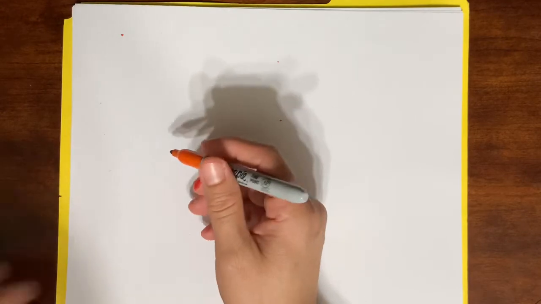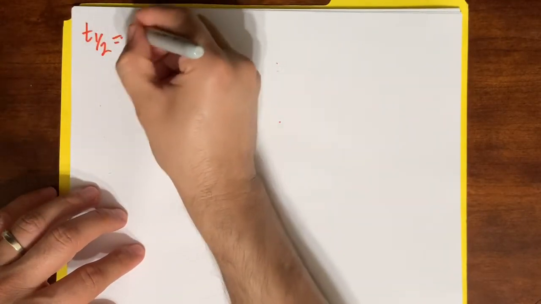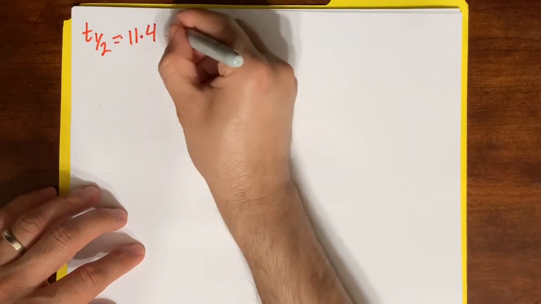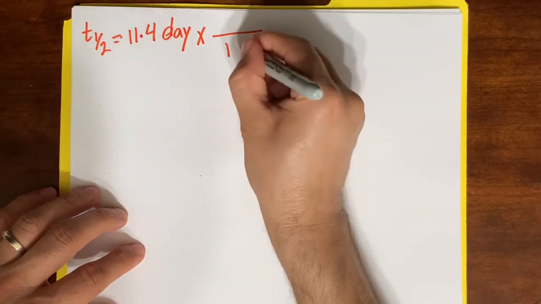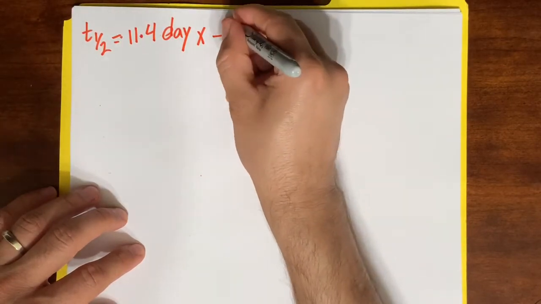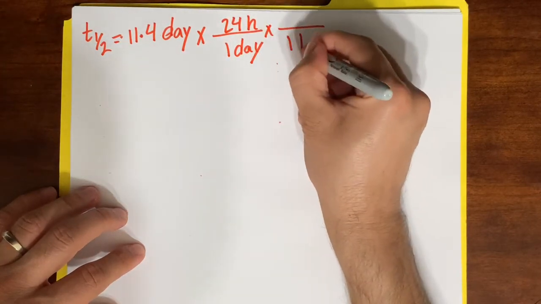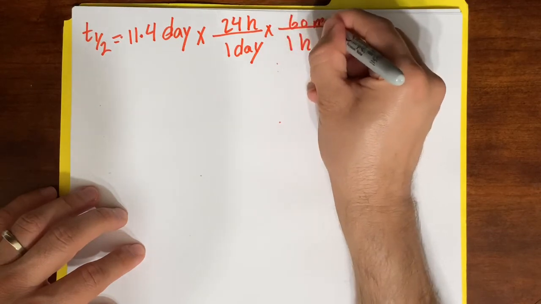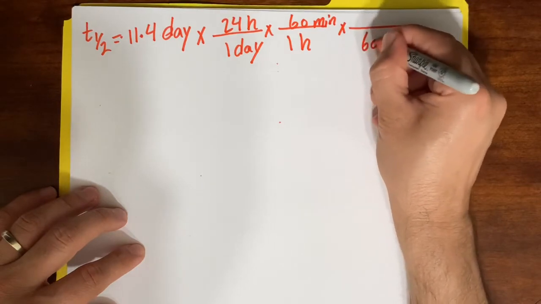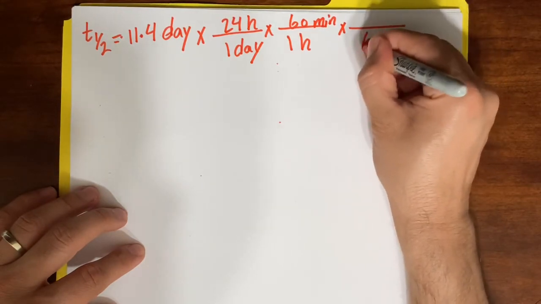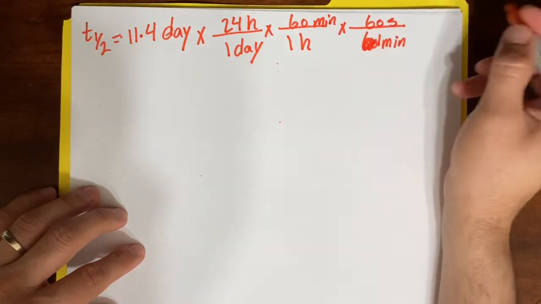The half-life is equal to 11.4 days, and 1 day equals 24 hours, and 1 hour equals 60 minutes, and 1 minute equals 60 seconds.